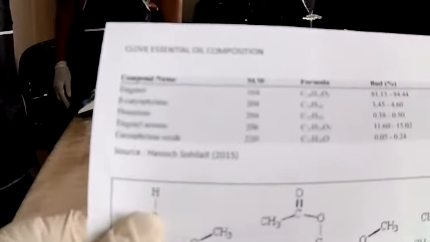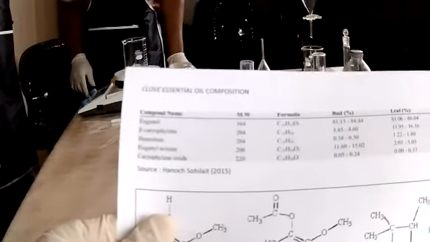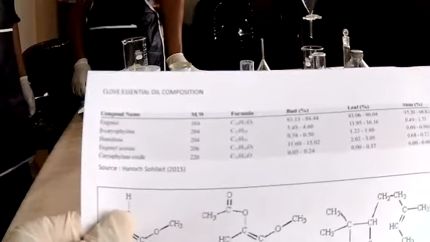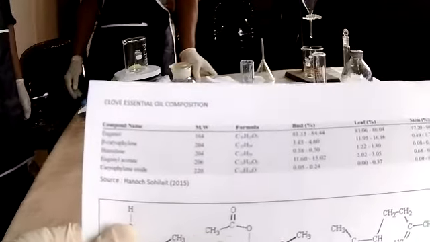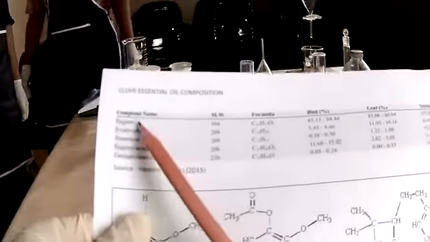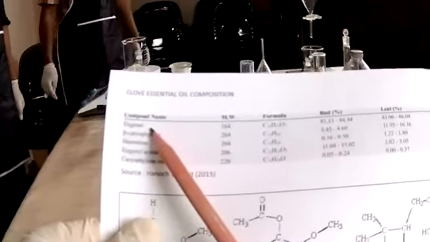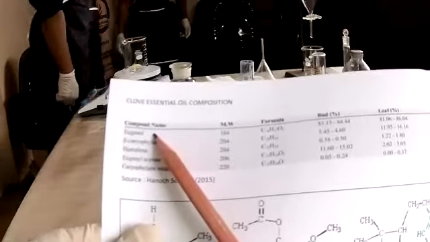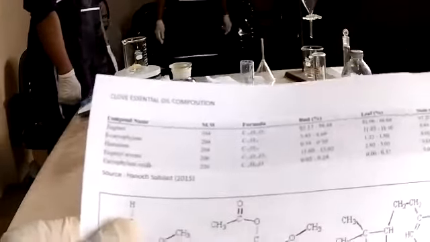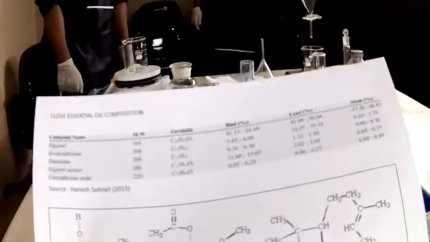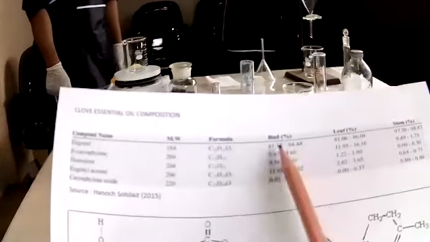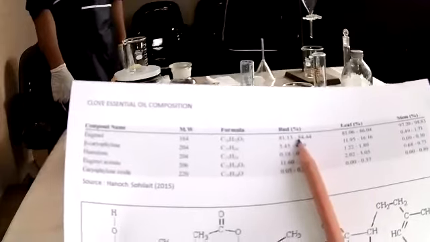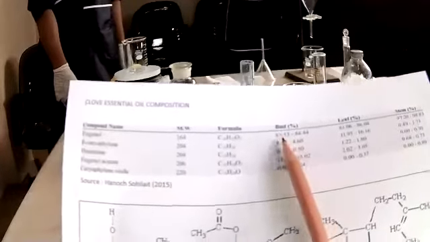So I'm showing you a piece of paper here with some ingredients, chemical agents. Theoretically, these extracts or the extracted oil have eugenol, and the properties depend on the part of the plant that we extracted.